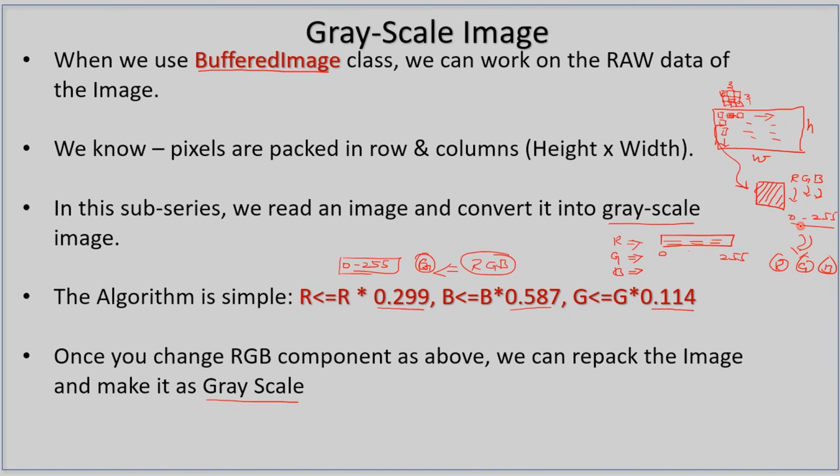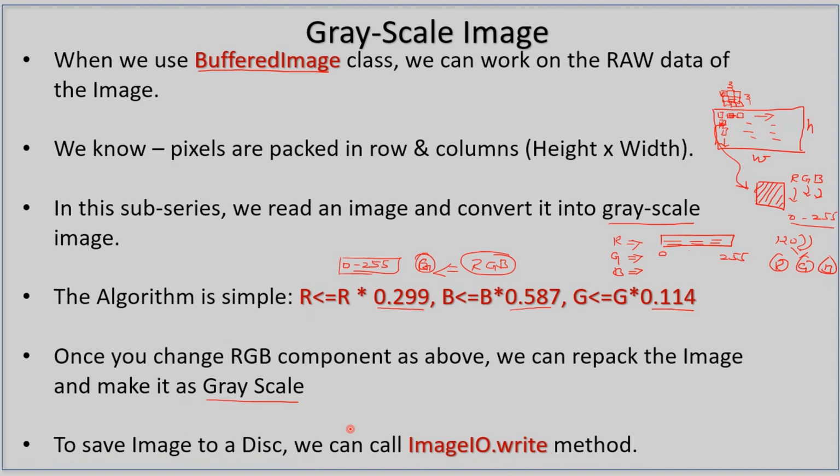That means we are setting the same value. For example, if the resultant color value is 120, we will set that 120 for R, G and B. If you set the same value to RGB, we will get a grayscale between 0 and 255, and we will repack that pixel with the grayscaled color. Once we apply this for all the pixels, we will be getting a grayscale image.